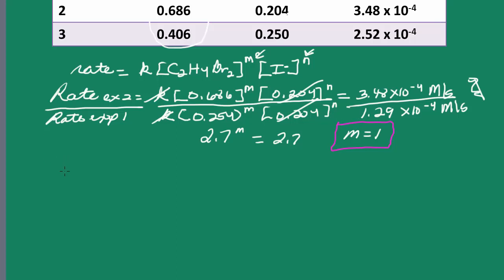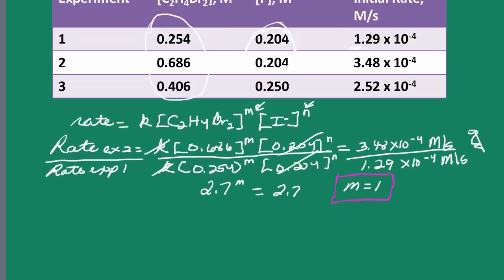Okay, so for the second part, I'm going to compare experiments 2 and 3. Again, the 1,1-dibromomethane is not held constant for any of these experiments.